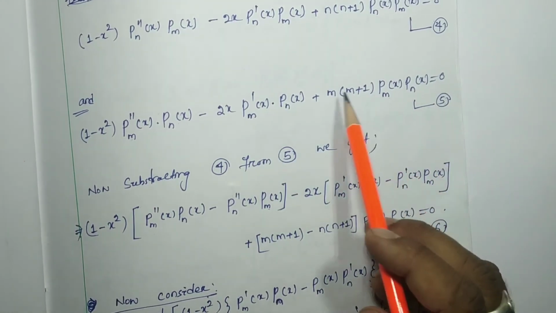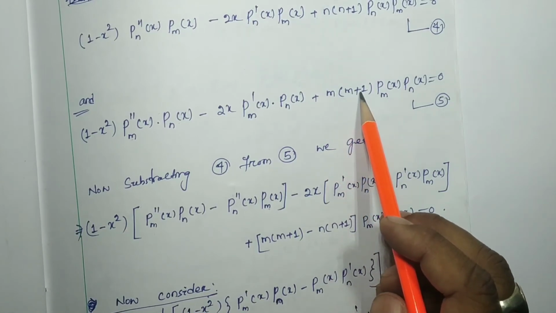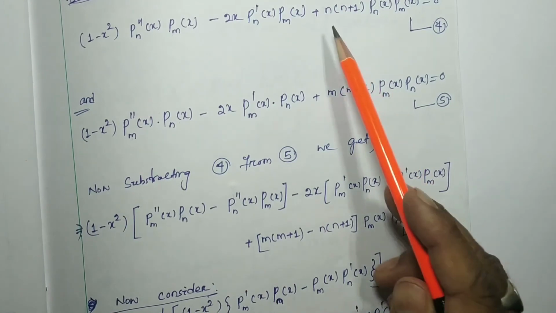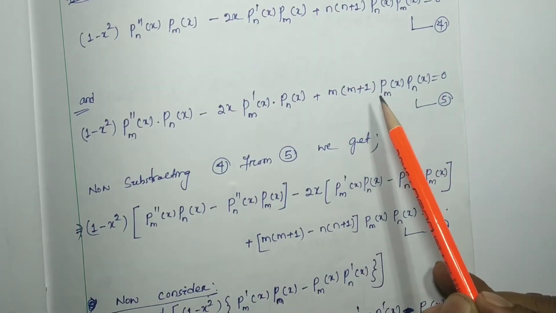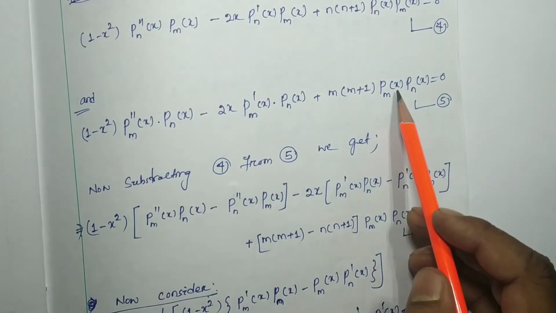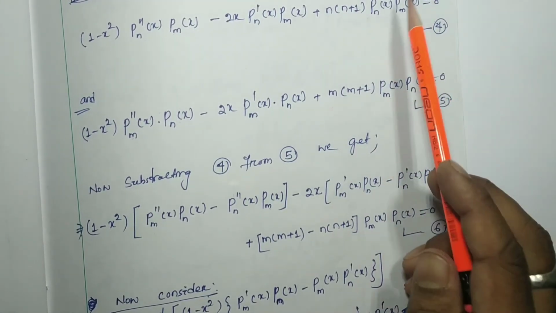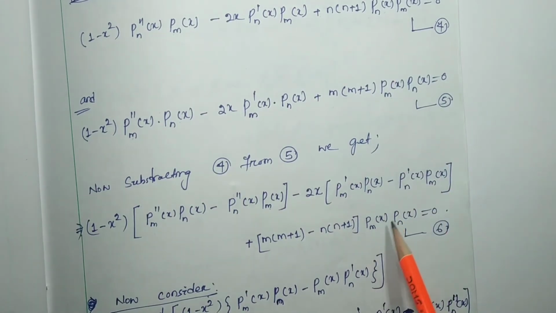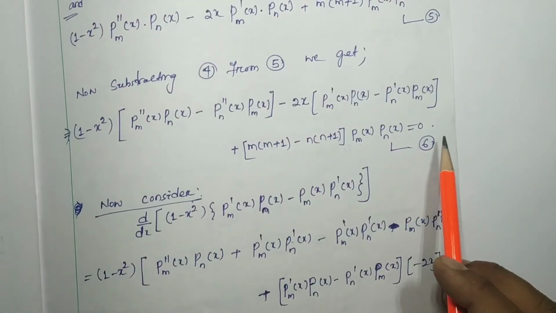Then here we have m into (m plus 1) minus n into (n plus 1), into Pm(x) into Pn(x). Here Pm(x) and Pn(x) are there, so we can take Pm(x) into Pn(x) common, equal to 0. Let it be your equation number 6.